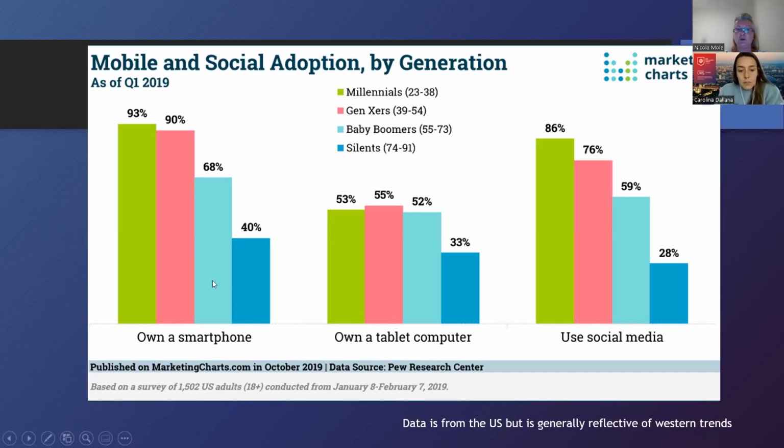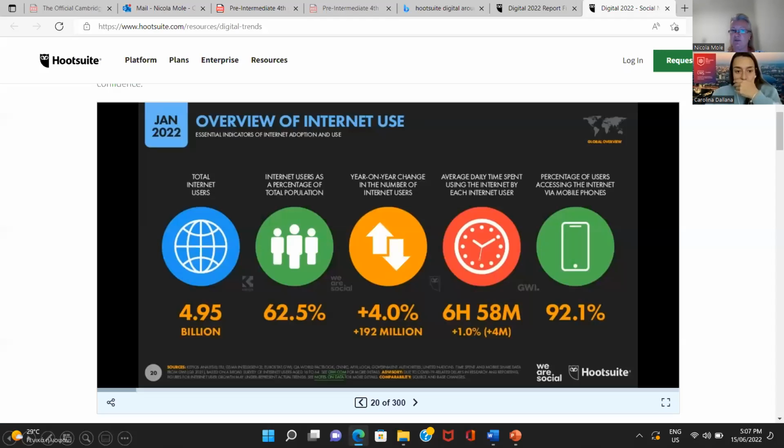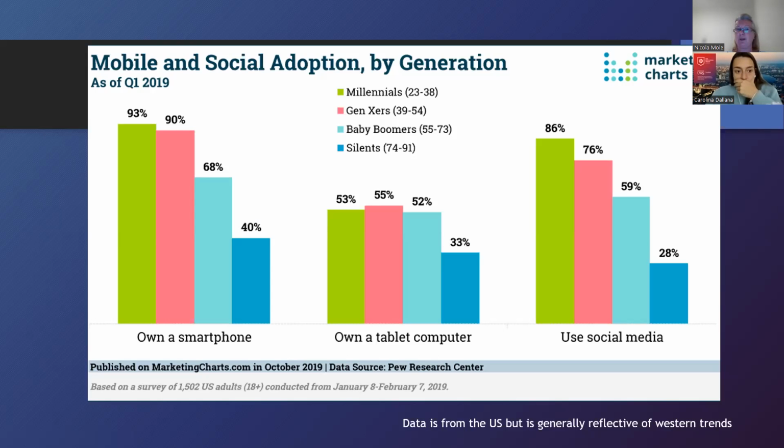If we look at who owns a smartphone, you can see that people of all ages own smartphones. You might be surprised. Maybe your grandparents or your parents use a smartphone, maybe they don't. But 40% of those silents own a smartphone. Who owns a tablet?